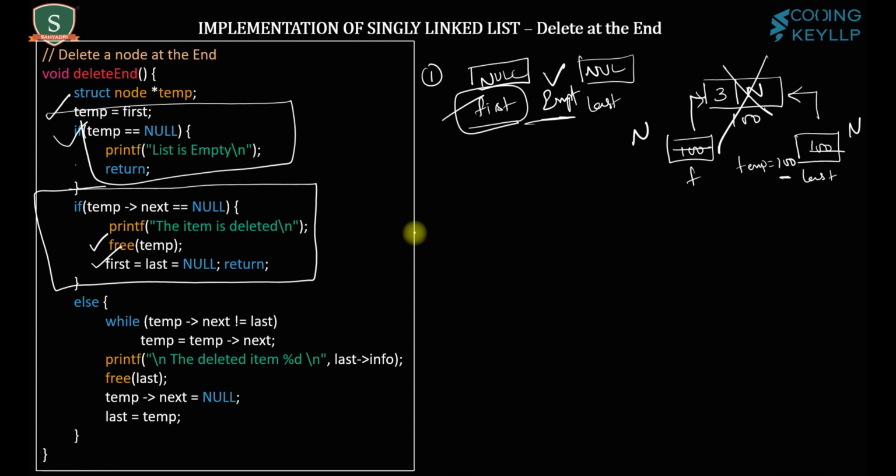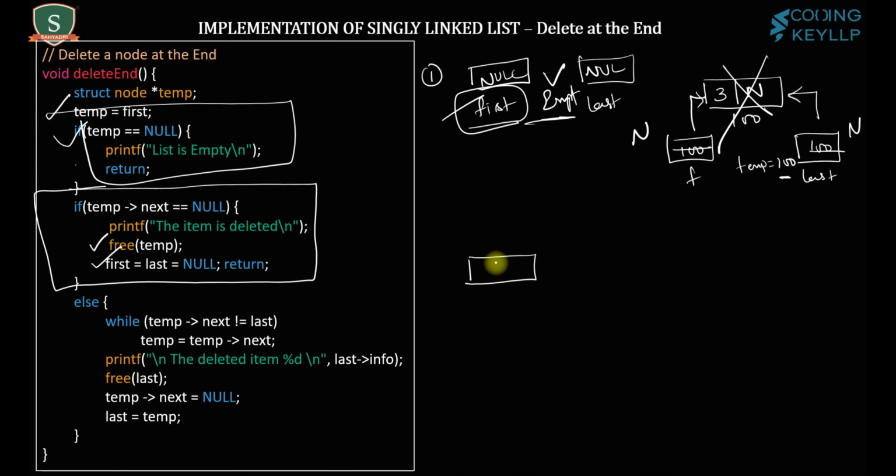Let us take an example of a small singly linked list and delete the last element. Deleting the last element, or deleting a node at the end, is a little different from deleting at the beginning.